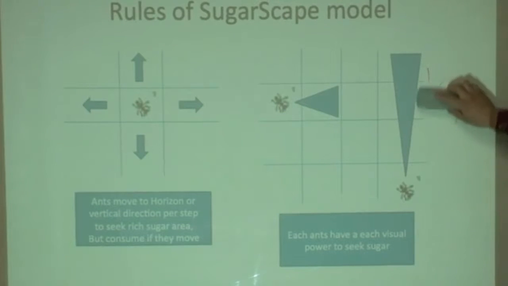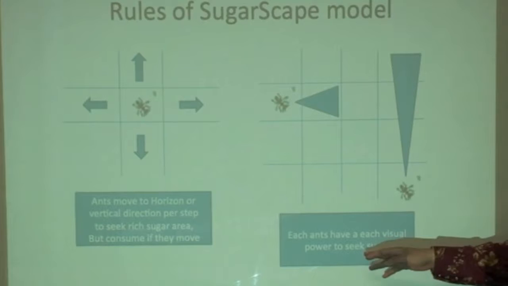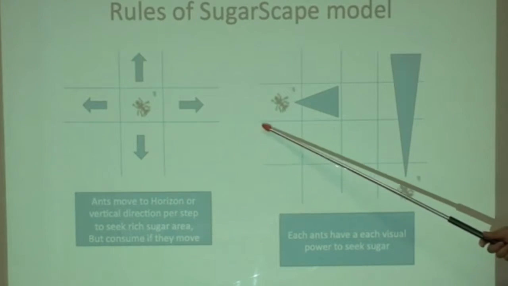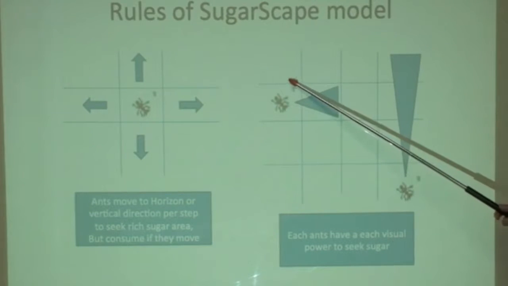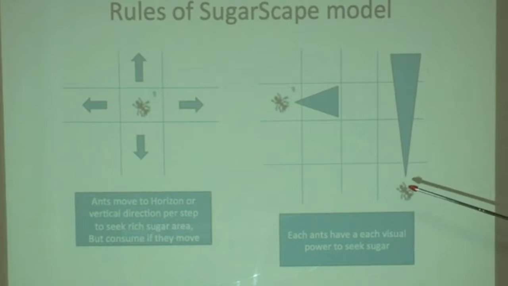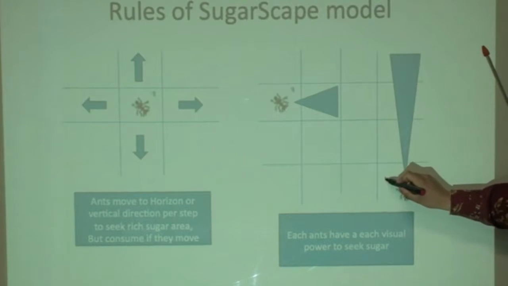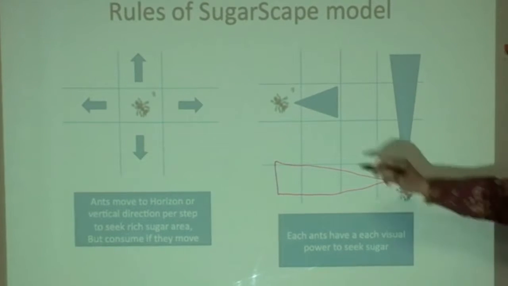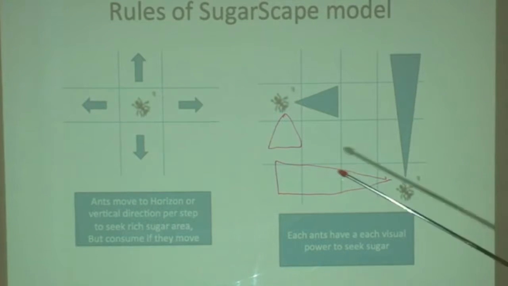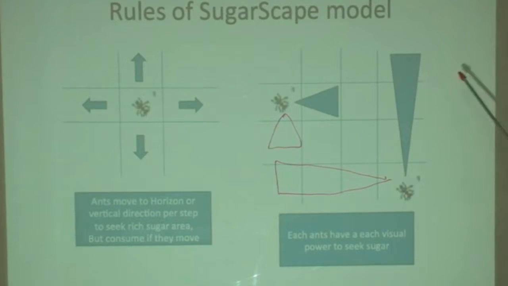Each ant has its own vision, but the visual power is not equal. This ant sees sugar only within one neighborhood site, but this ant has three, and it can also see more.